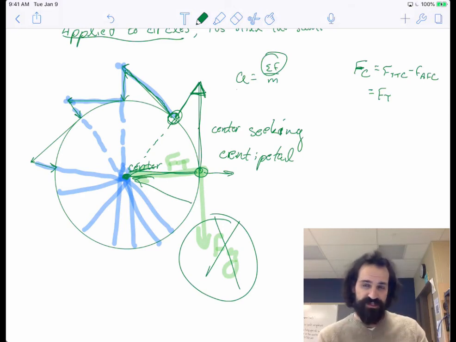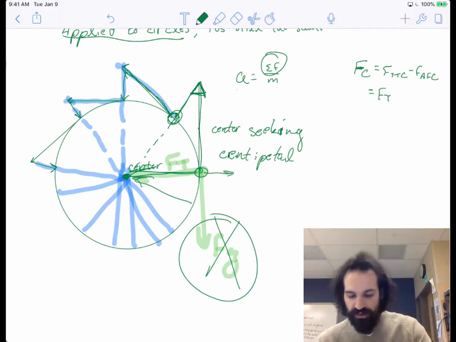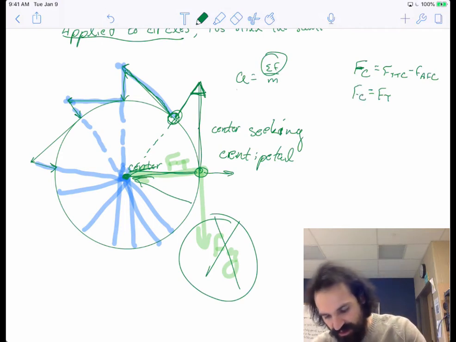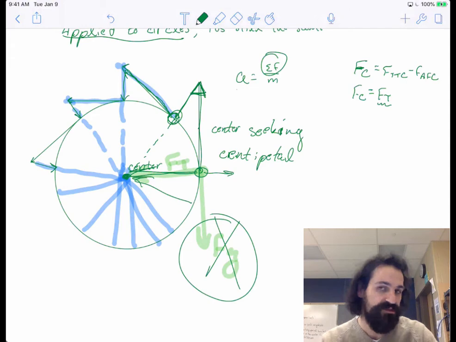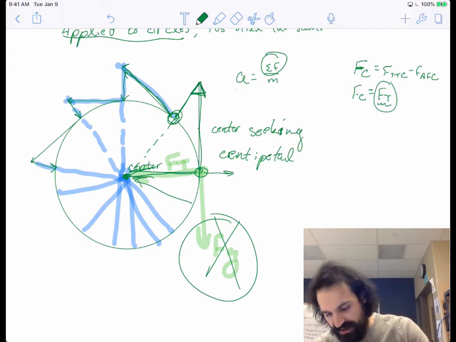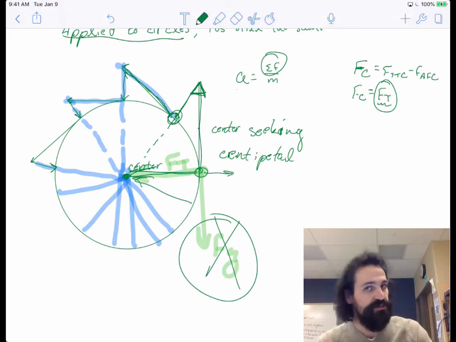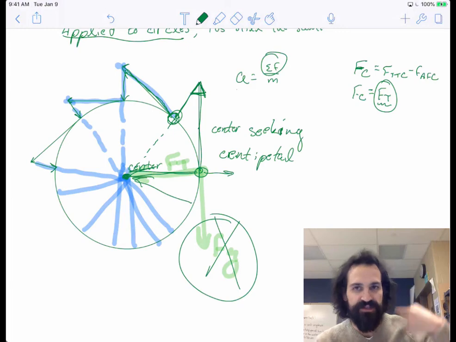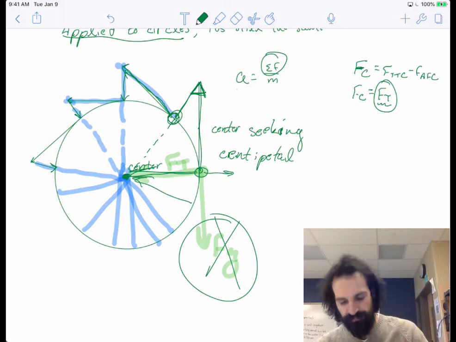Only forces towards the center or away from the center will count. So in this case, our centripetal force, our sum of forces towards the center minus forces away from center, is exactly equal to the tension. If that didn't make sense, rewind, rewatch it until it makes sense, because that's crucial.